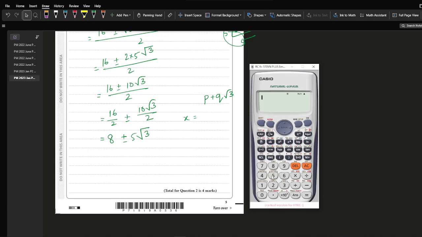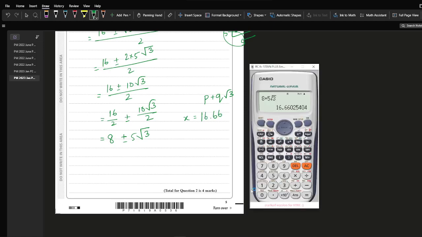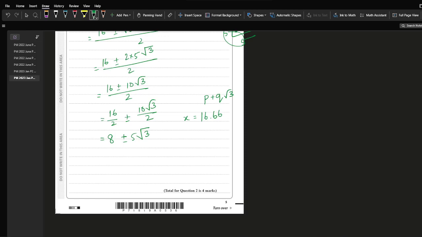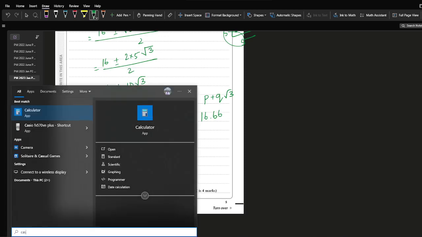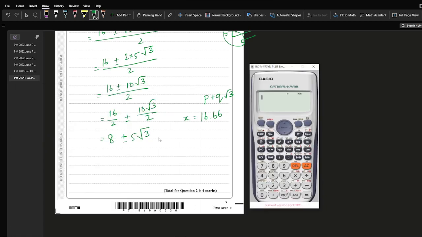8 plus 5 root 3 is equal to 16.66, which is a positive number, and the value of 8 minus 5 square root of 3 is negative 0.66.